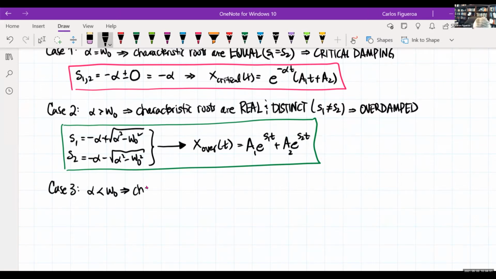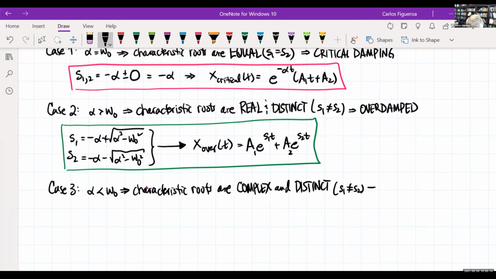So the characteristic roots are complex and also distinct. Again, in this case here, you still have S1 not equal to S2. And in this scenario here, this is, of course, the underdamped.